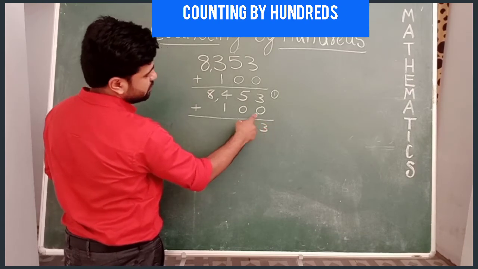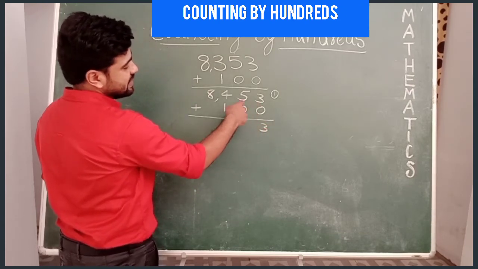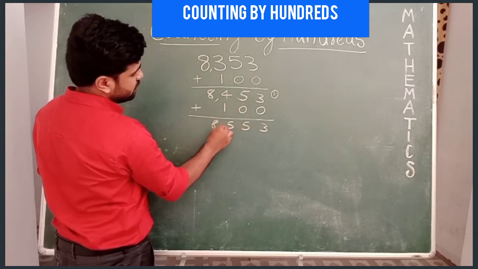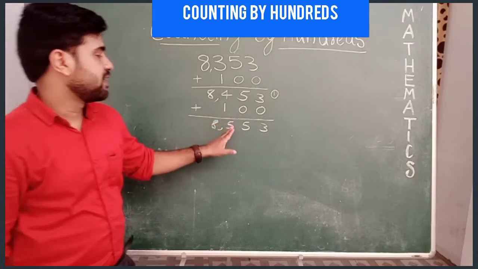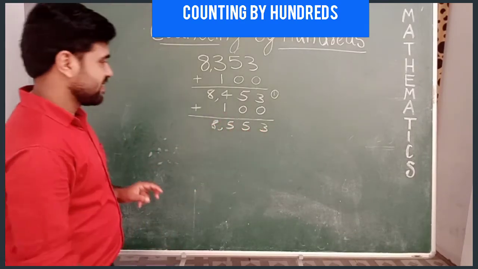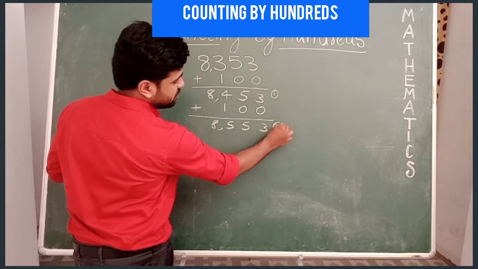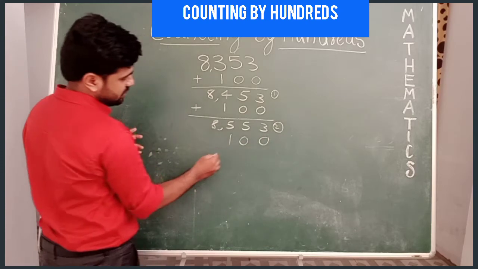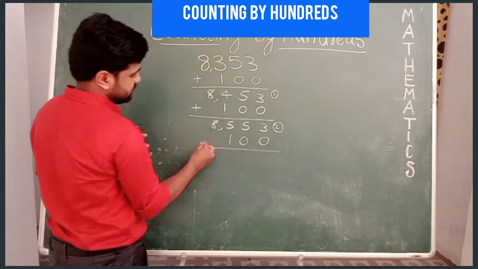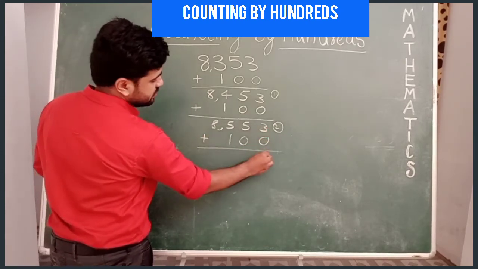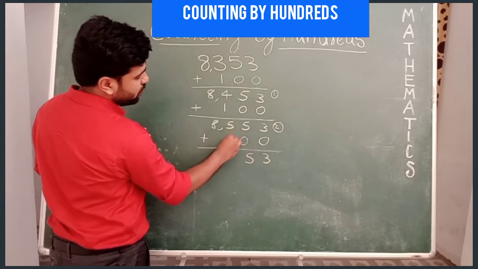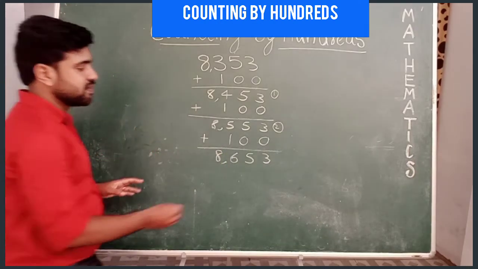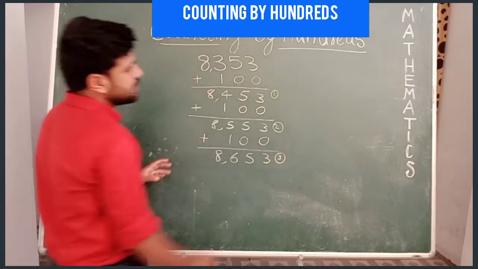Now no change for the numbers in ones and tens place. 4 plus 1, 5. 8,553. That is the second number. Then for getting the next number, again add 100 to the second number. 3, 5, 5 plus 1, 6. 8,653 is the third number.